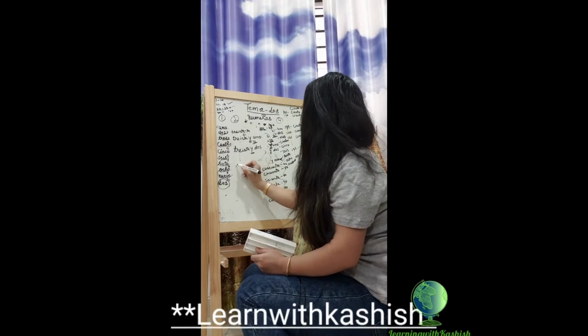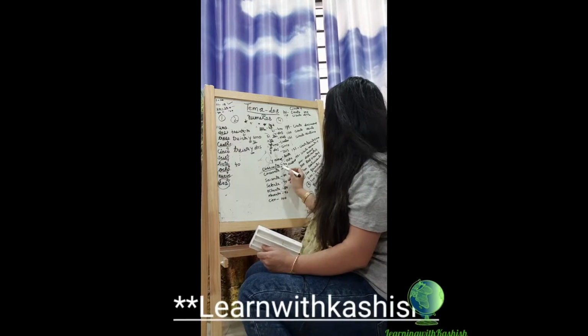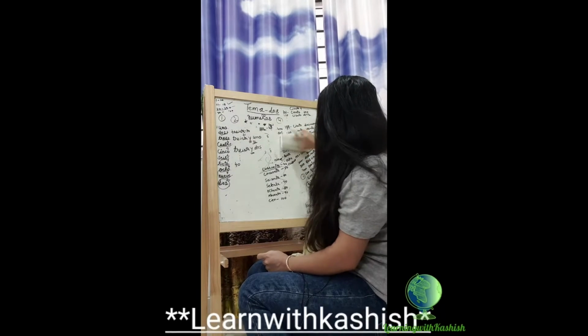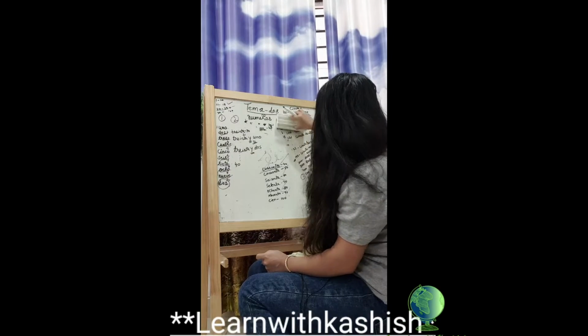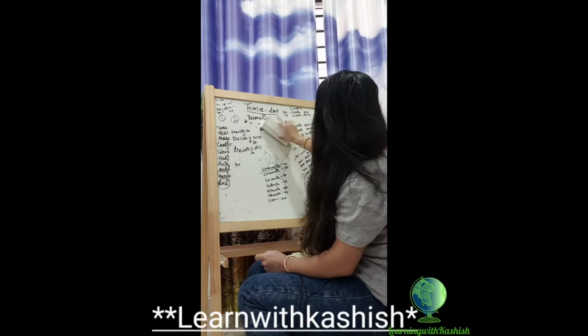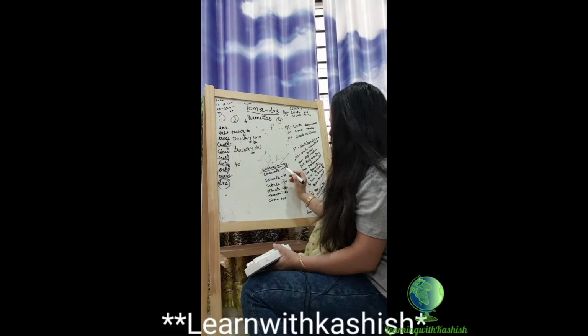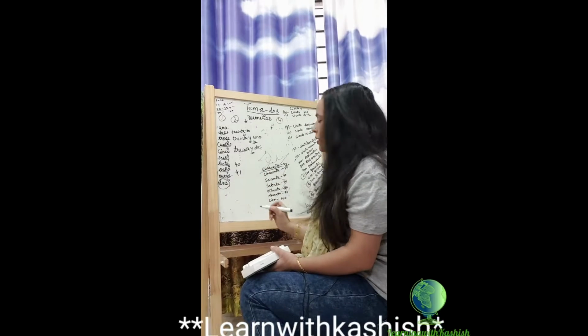Similarly, when we go to 40, 40 is cuarenta. So, if I want to write 41, how do we write? Can you tell?